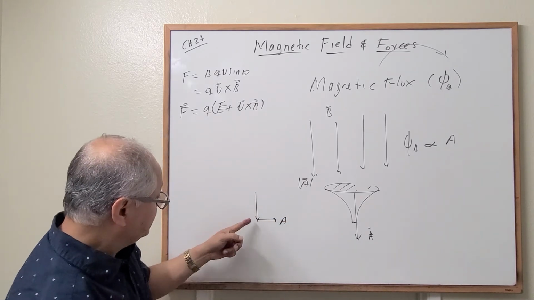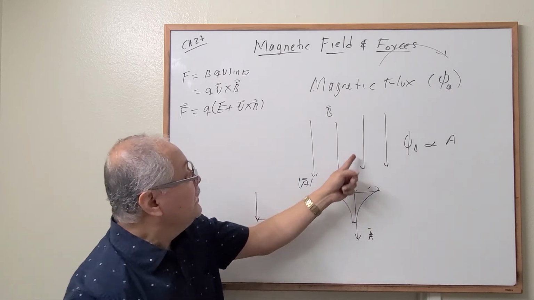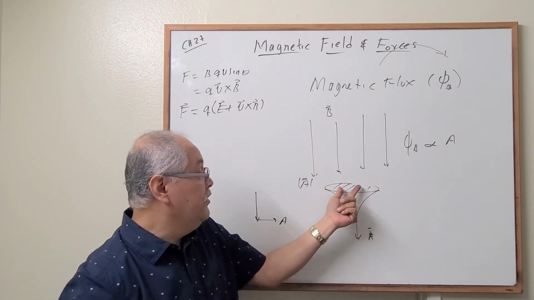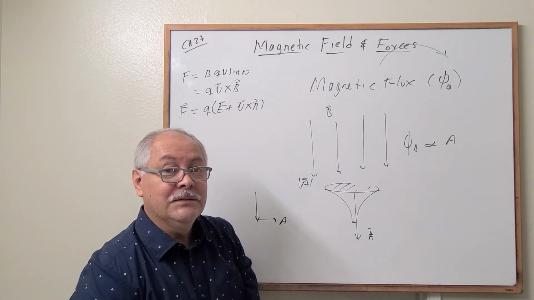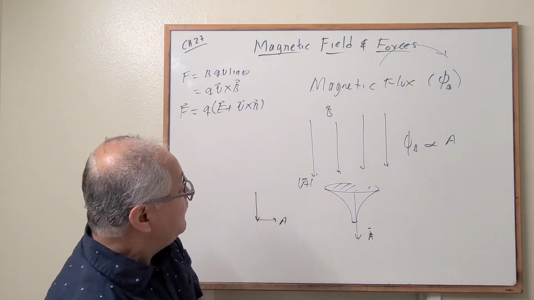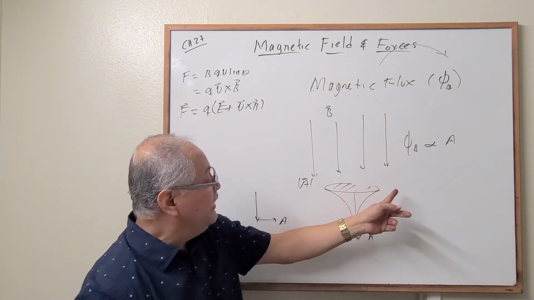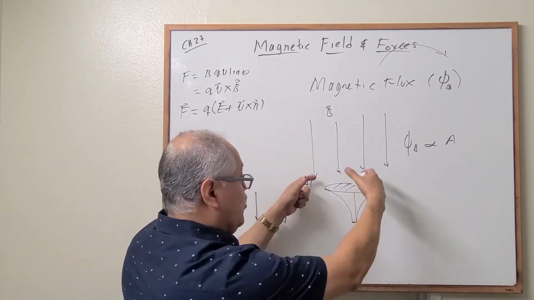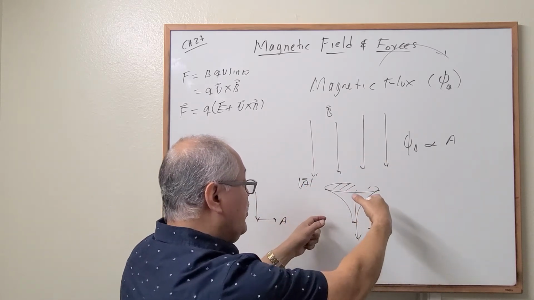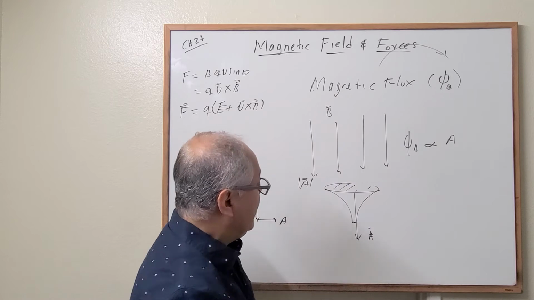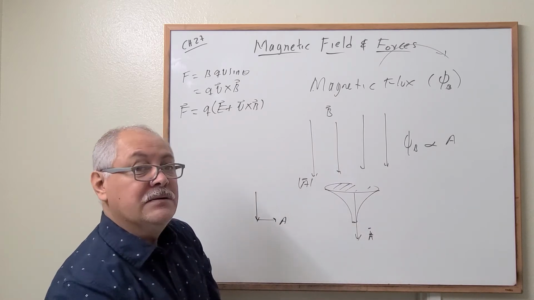Well, in this case, we have zero magnetic flux going through this opening, correct? And one more time, the magnetic flux depends also on the angle. When the angle is 0, we have maximum, and when the angle is 90 degrees, it's going to be 0.